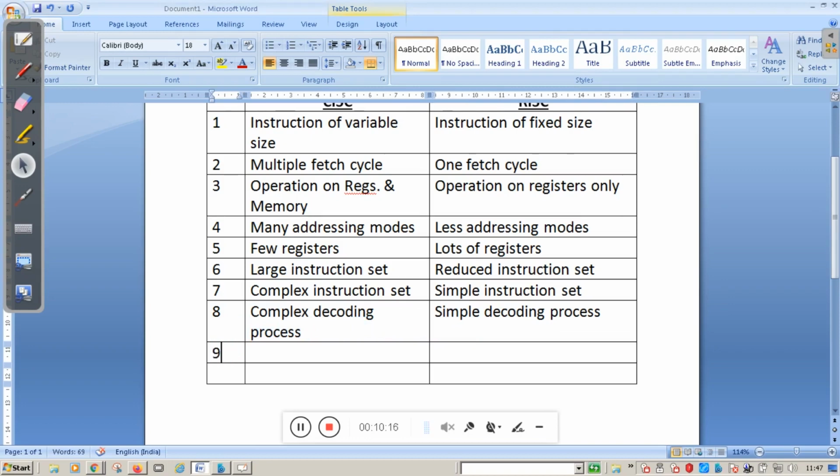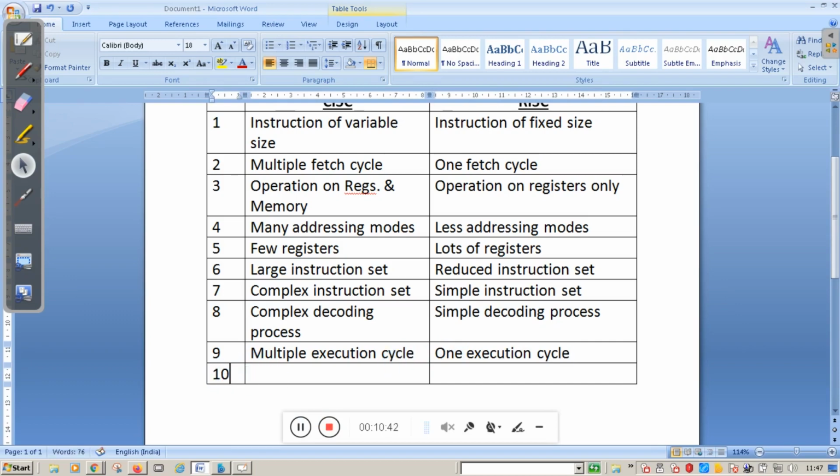Point number 9 is multiple execution cycle. That is multiple, and with respect to RISC, one execution cycle. I will explain this one.